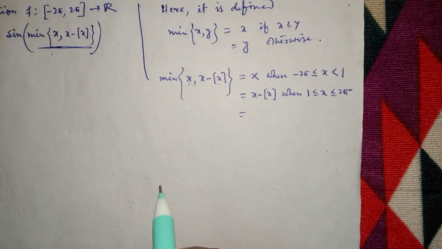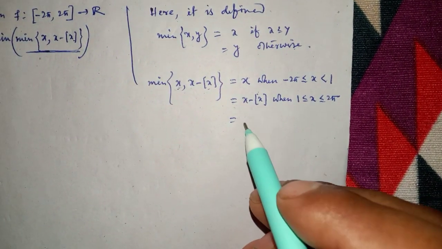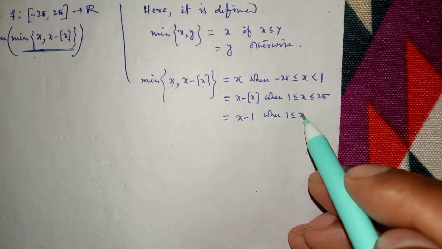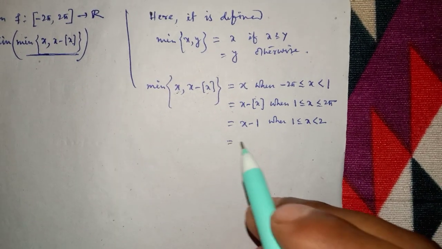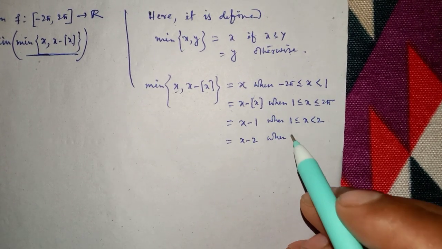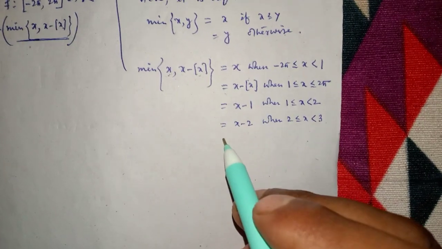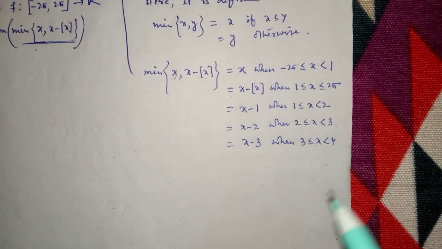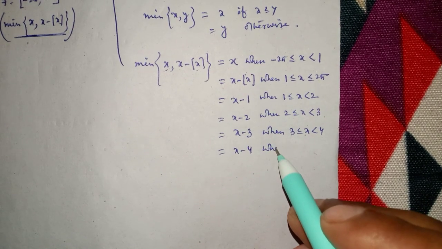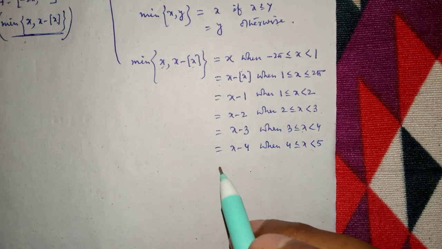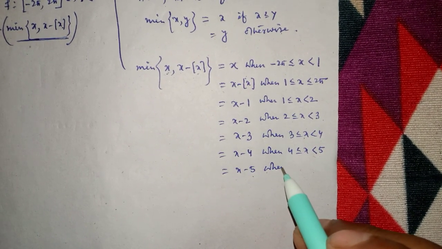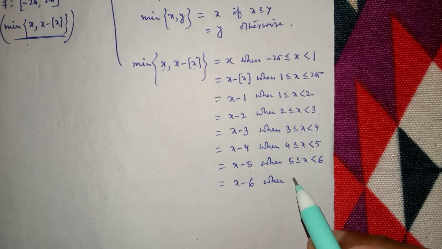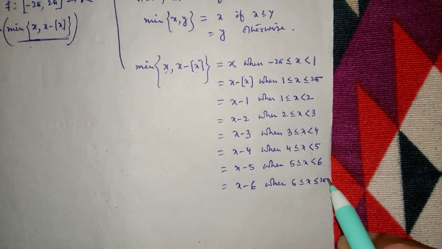X minus box x means x minus 1 when 1 lesser equal to x less than 2, is equal to x minus 2 when 2 lesser equal to x less than 3, is equal to x minus 3 when 3 lesser equal to x less than 4, is equal to x minus 4 when 4 lesser equal to x less than 5, is equal to x minus 5 when 5 lesser equal to x less than 6, and x minus 6 when 6 lesser equal to x lesser equal to 2 pi.